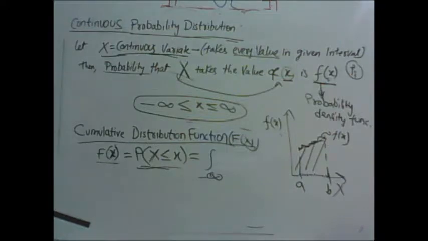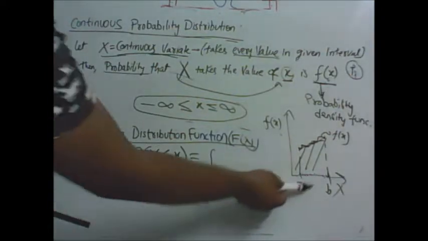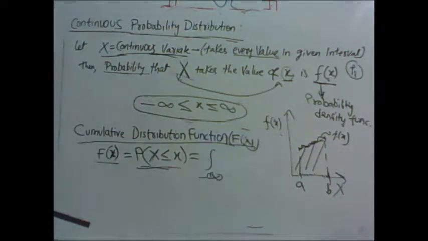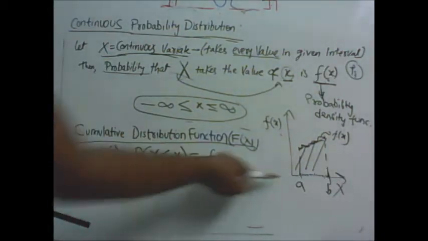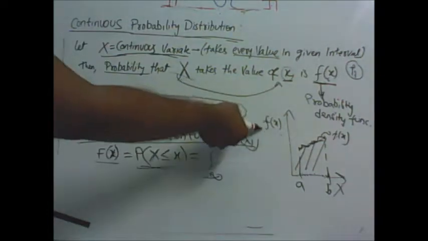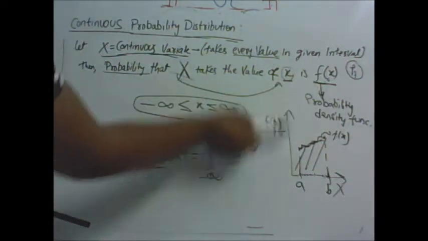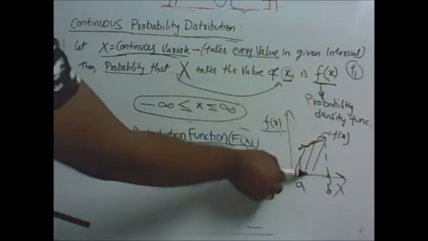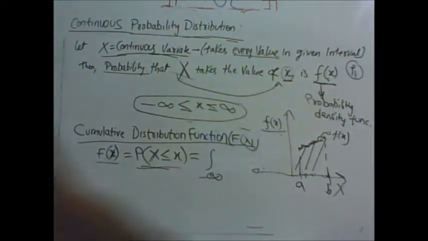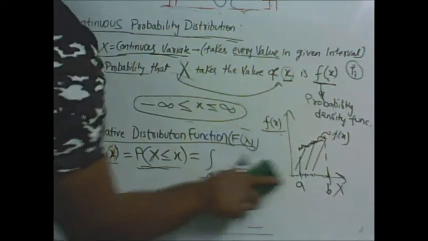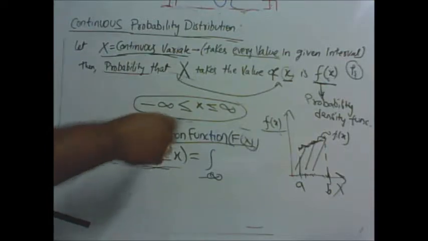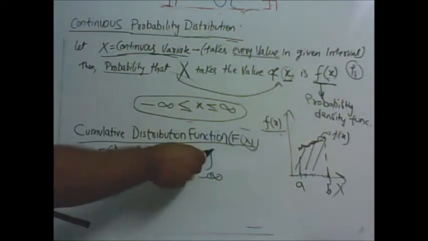In this example I have told that x is defined only in a and b. Sometimes it may be defined in negative values of x also. But f of x will be on the positive side because it denotes probability. On the x-axis, the random variable can take any negative or positive value. In the discrete case we made a summation because it is countable.